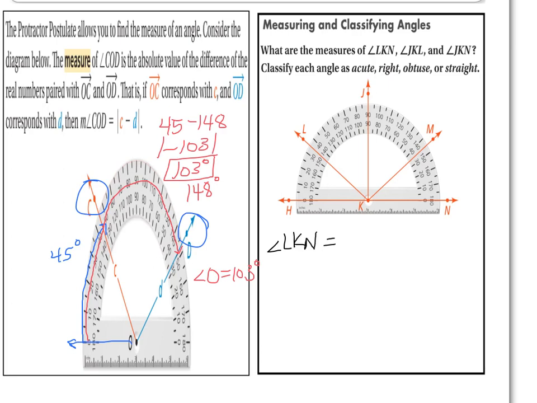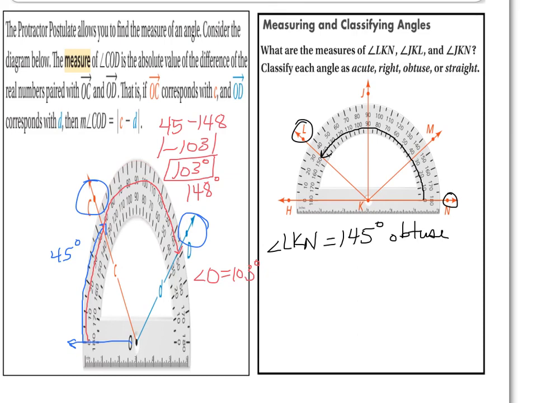We start at L right here, and we're going to go to N. Since N is on the 0 over here, I'm just going to start at 0 and go all the way to L. And if you look here, it looks like LKN gets to 145 degrees. Well, if it's 145 degrees, it's bigger than 90 and smaller than 180, so this is an obtuse angle.